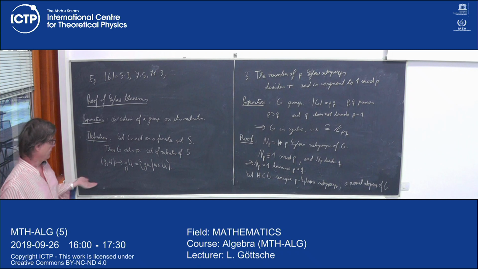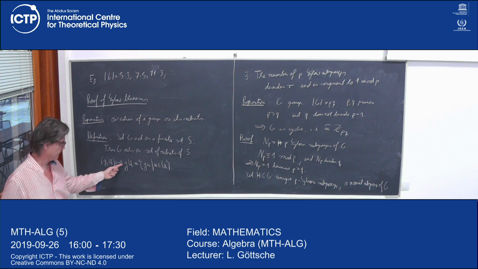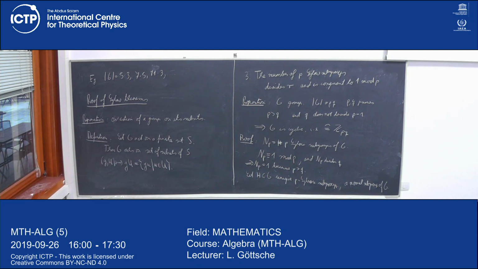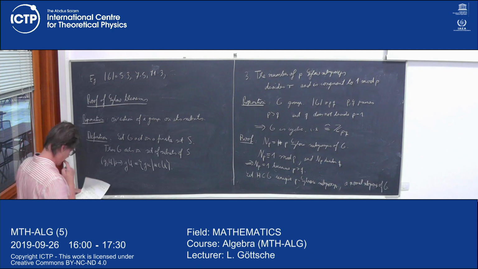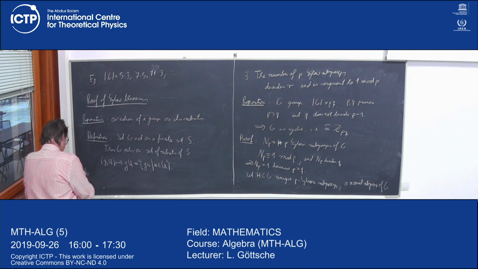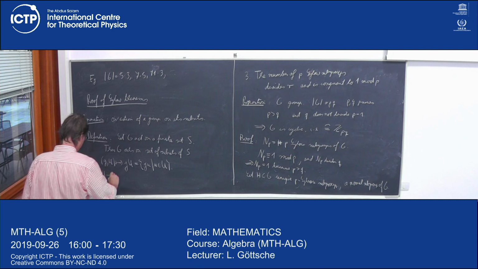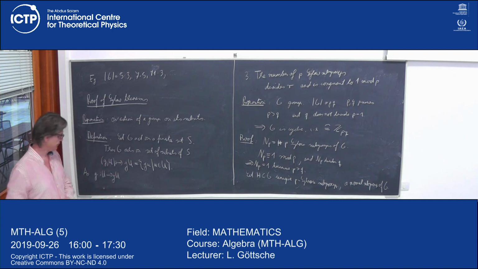The identity element will send a set to itself, and if you have the product of two elements, it will compose in the natural way. So this is an action, and one should also note that the map, multiplication by g from U to gU, is by definition always a bijection.